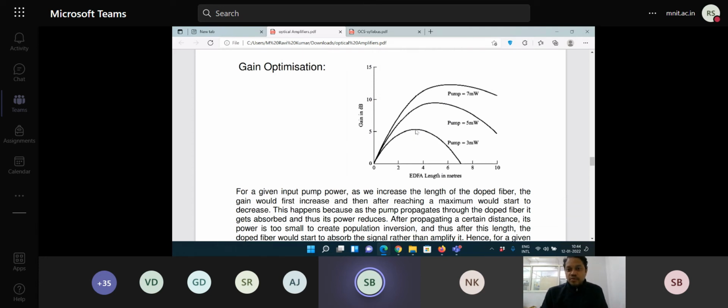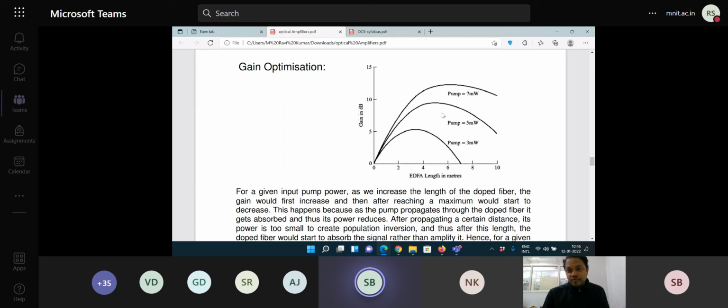Beyond 3.5 meters, the gain falls. If it is something around 6 meters, then the gain is maybe around 2.5 or 3 dB. So you can see how it changes.